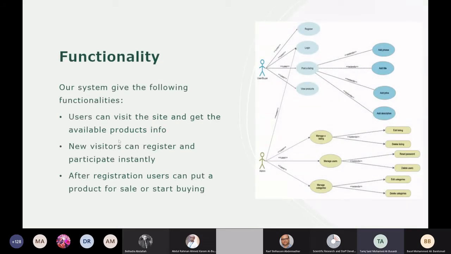Functionality. Our system has the following functionalities according to the use case diagram. Users can visit the site and get any available product information, like for an authentic product, for example an old watch, you can see when it was made and all the available information you need.